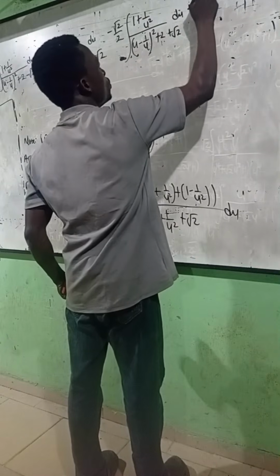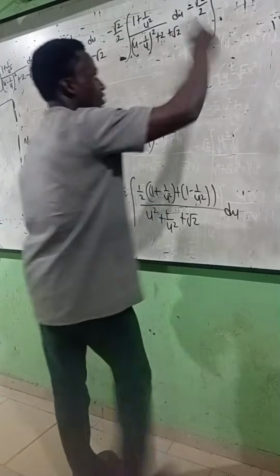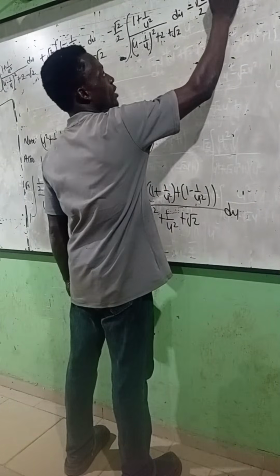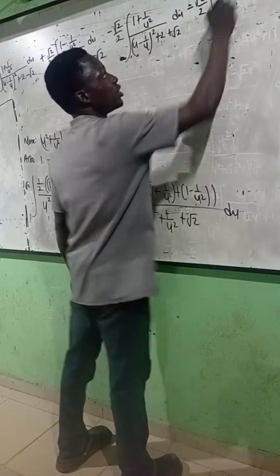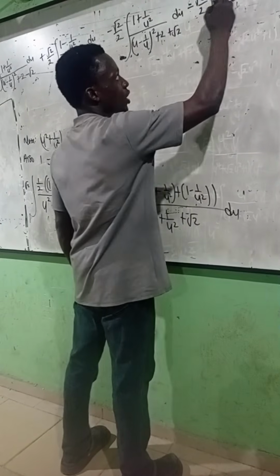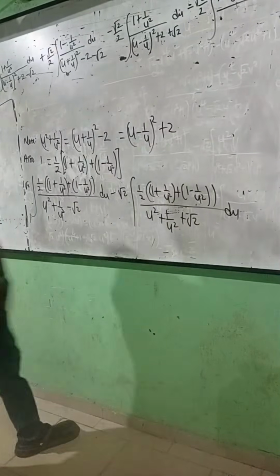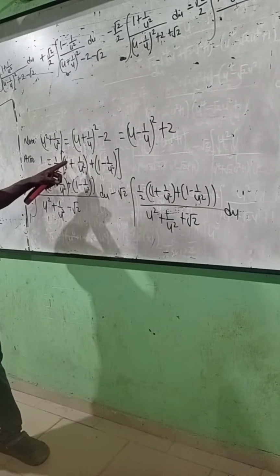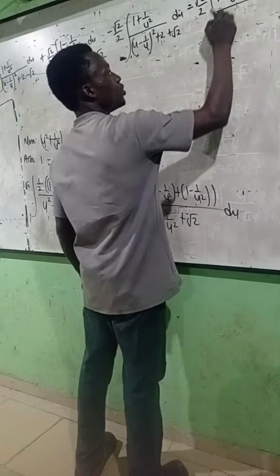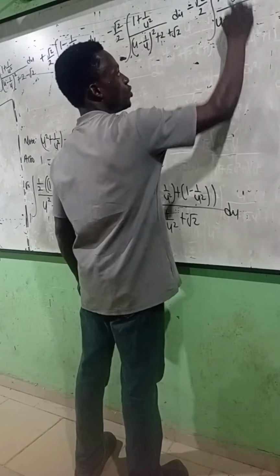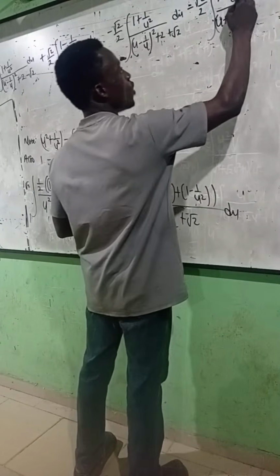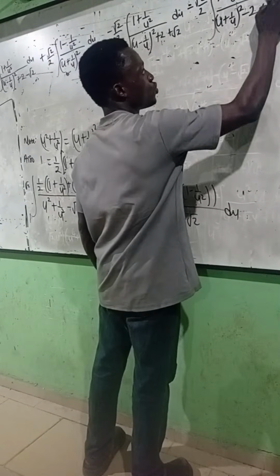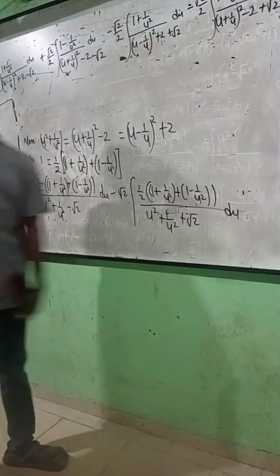Minus root 2 over 2 integral of the last one now, which is this, 1 minus 1 over u squared divided by, now instead of writing this down, I want to use the one with positive, u plus 1 over u all squared minus 2 plus root 2 du.